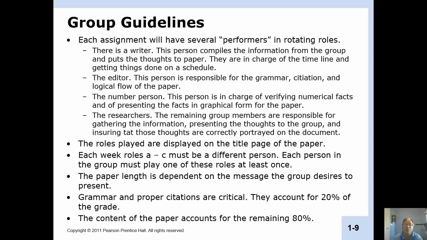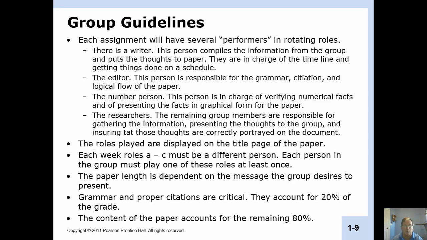There'll be a numbers person. This person is in charge of verifying basically some numerical facts and of presenting those facts in graphical form for the paper. Again, there needs to be time for this to get into the paper so that the editor can do their job as far as developing the thoughts and assessing grammar, citations, etc. And then finally, there'll be researchers.